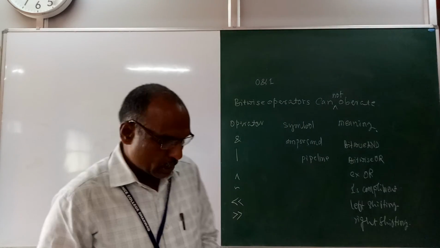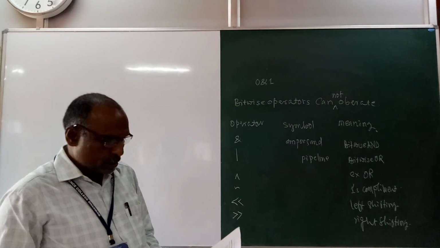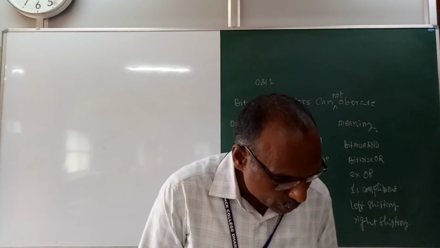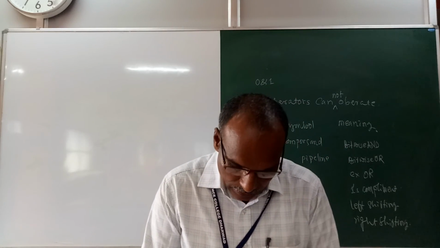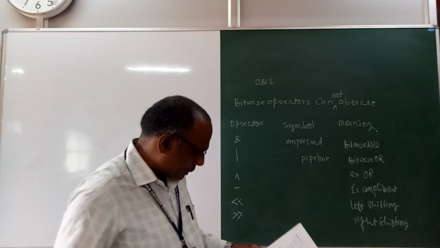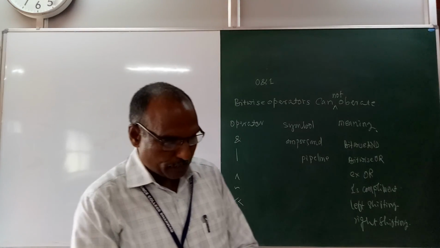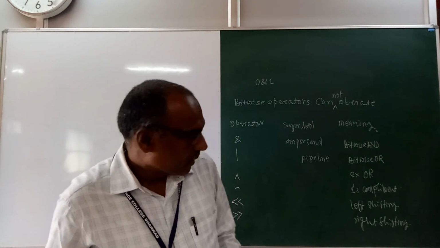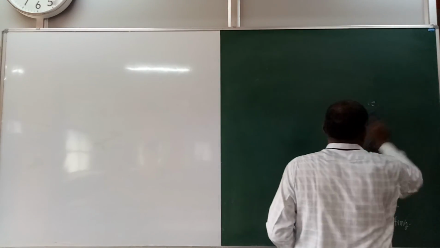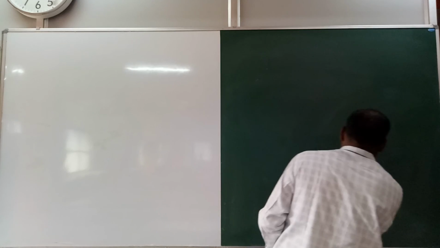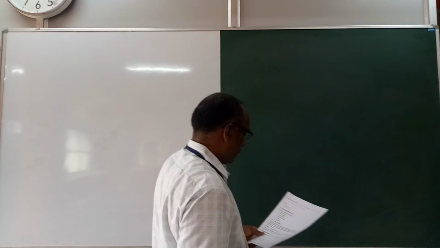They can be used to form a bitwise expression. We have another expression called a conditional expression, with conditional operators, and there are special operators. I'll just mention the special operators and then complete this.